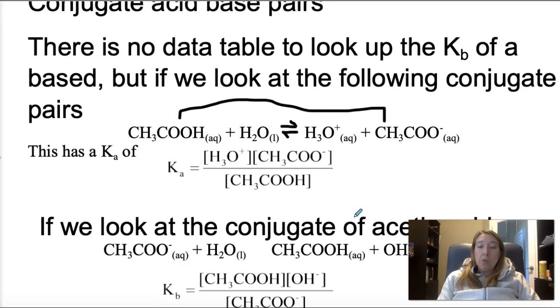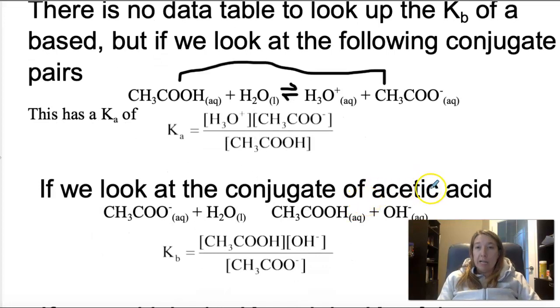So if we looked at the equation for the conjugate of acetic acid, so if instead of starting with this, we started with this, the equation doesn't flip around because we are actually still going to be combining it with water. So if we look at this equation, we have the CH3COO- combining with water.